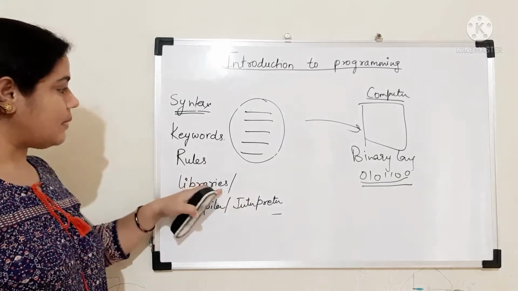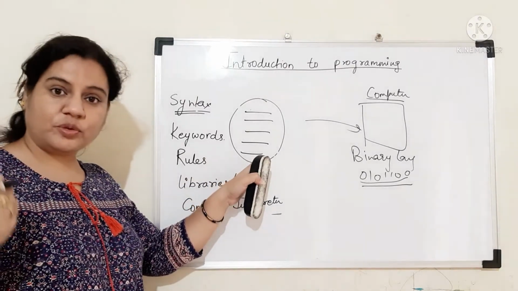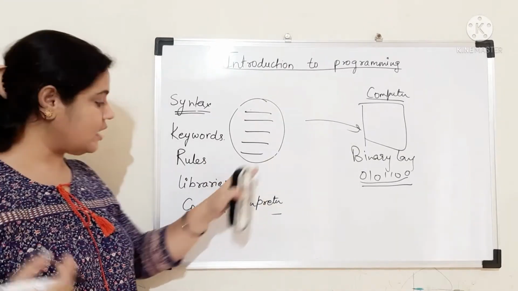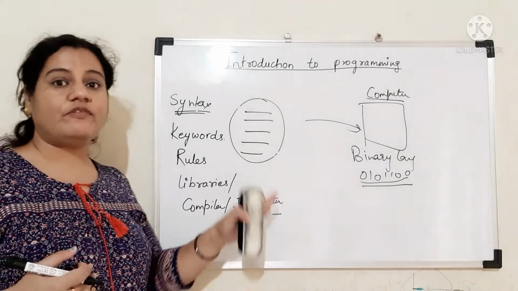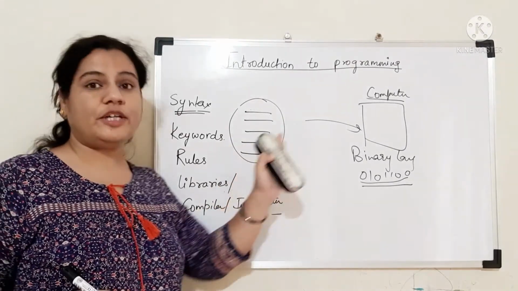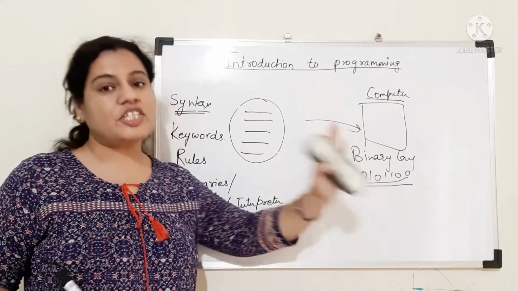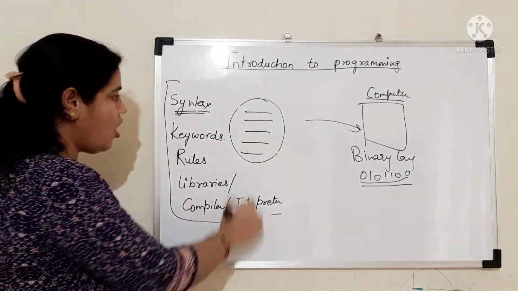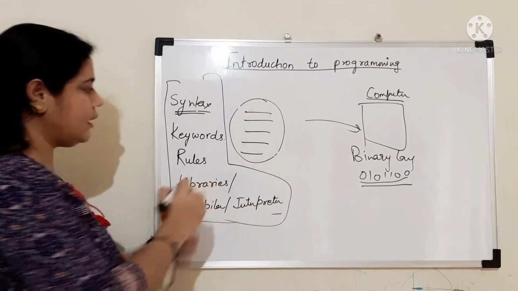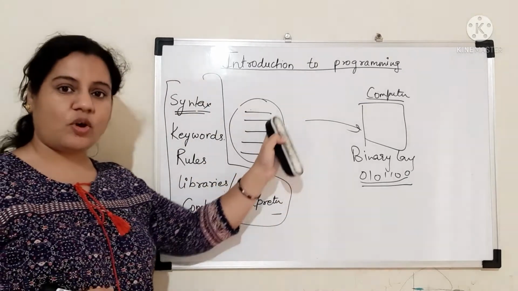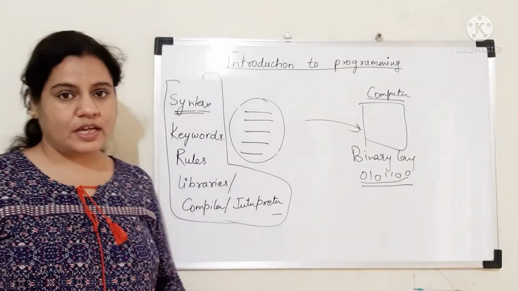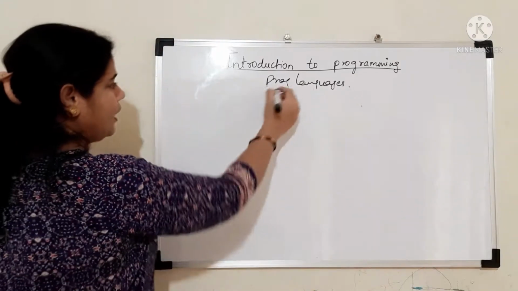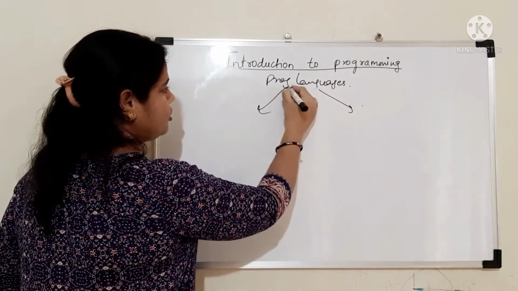Some libraries should be there to execute internal files or functions, and a compiler or interpreter which can convert this code into machine level language. If all these characteristics are in a particular code, that is called a programming language.